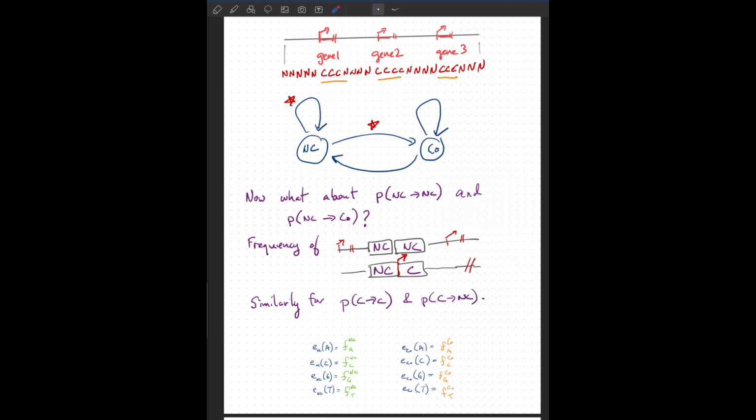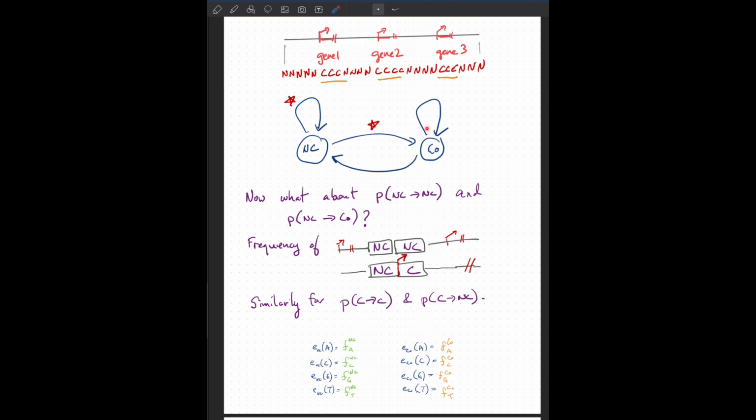That's just going to be the number of times that we observe a non-coding and a non-coding side by side across the whole length of this chromosome. And likewise, if we want to calculate the probability of non-coding to coding, we would ask, how many times do we see a transition from non-coding to coding, right? Now we're inside of a gene there, and we count how many of those, divided by the total length of the chromosome, right?